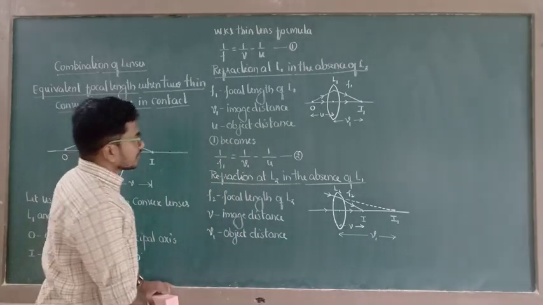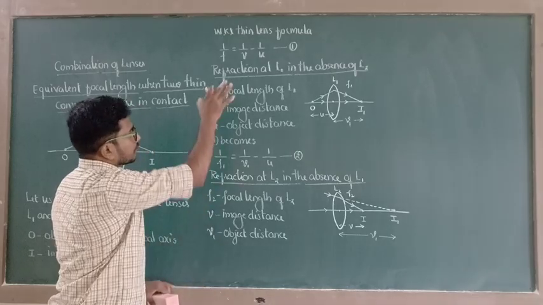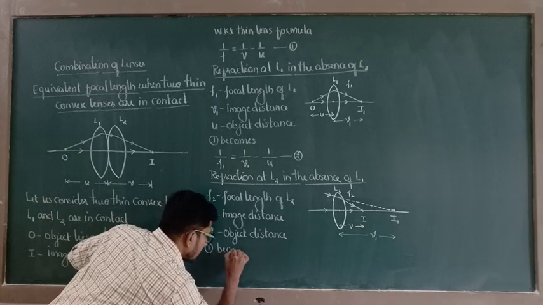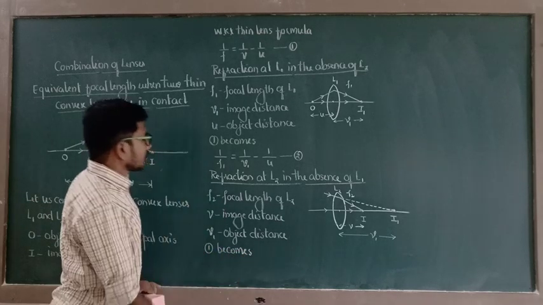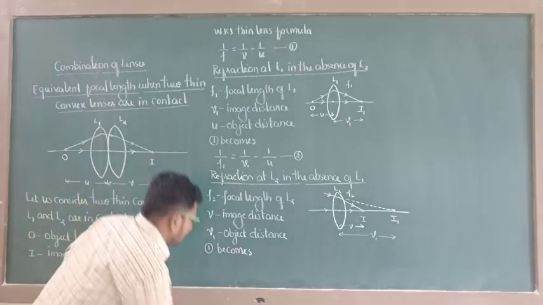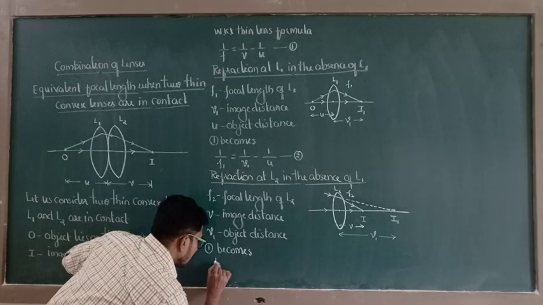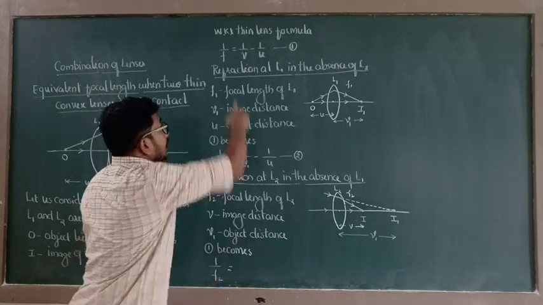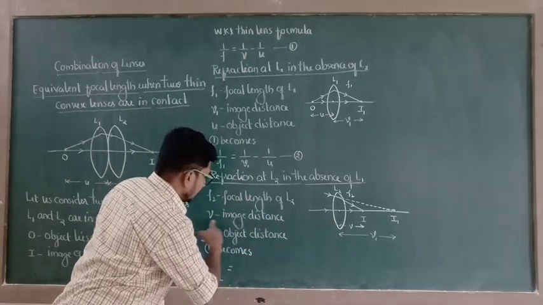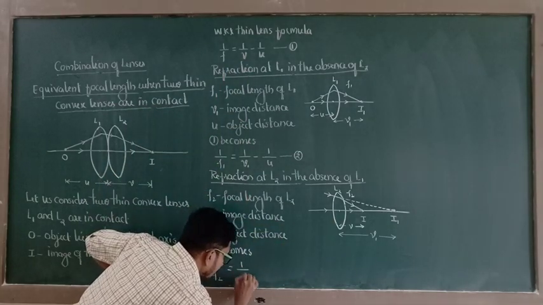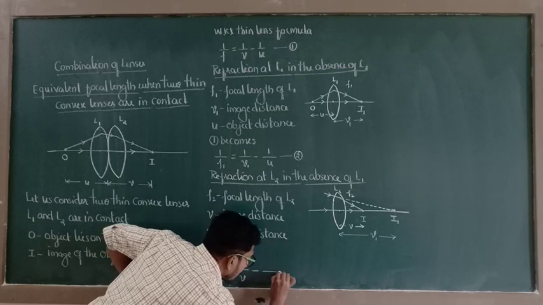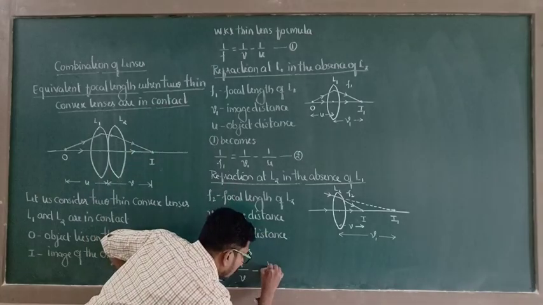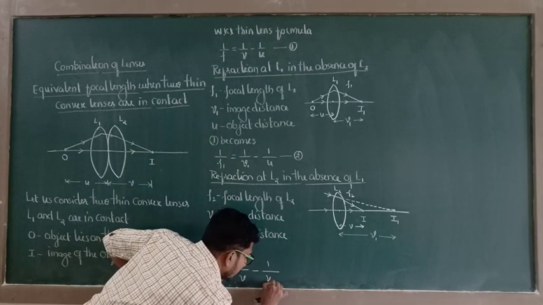Then equation 1 becomes, I am going to substitute all these terms in equation number 1. So 1 by F2 is equal to, image distance is V, 1 by V minus, object distance here is V1, 1 divided by V1.